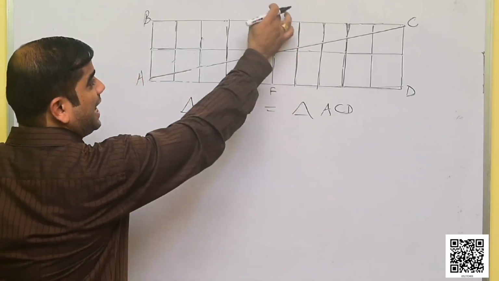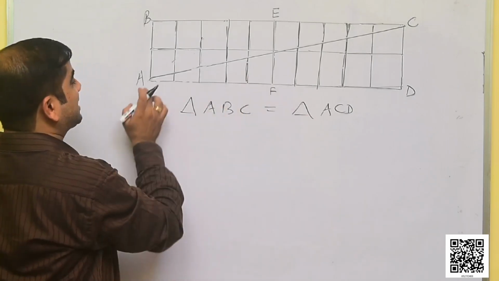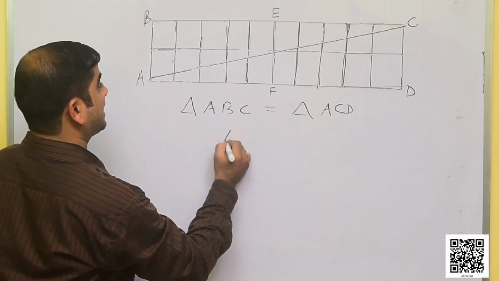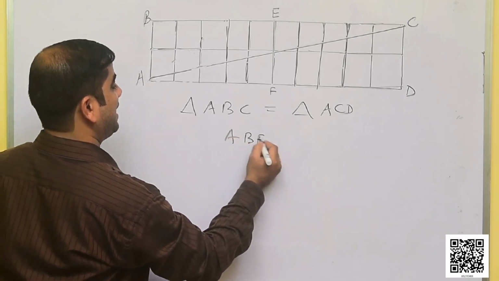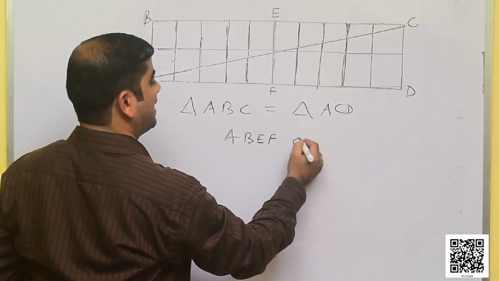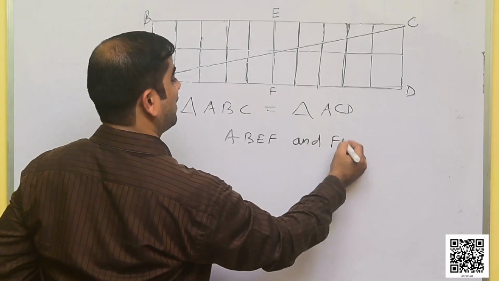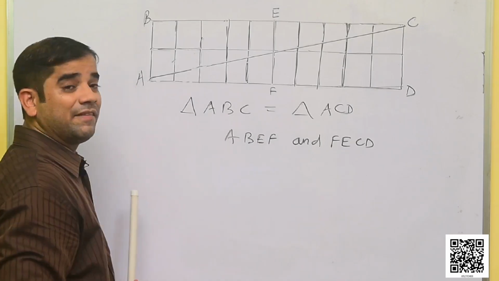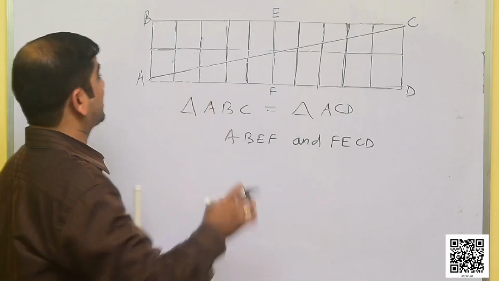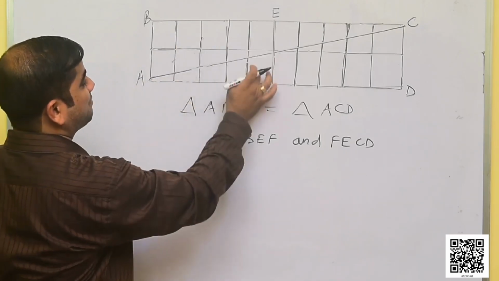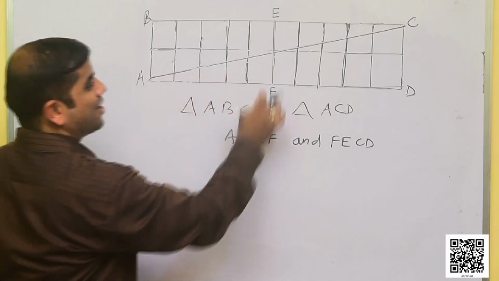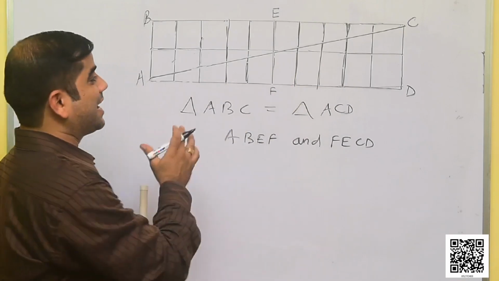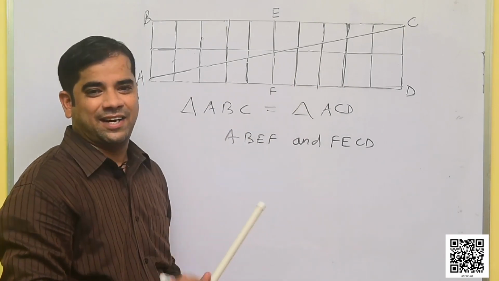So now EF is dividing the rectangle ABCD into two equal rectangles ABEF and FECD. Both these rectangles have an equal number of squares, 1 to 10 and 1 to 10. So they have equal area.